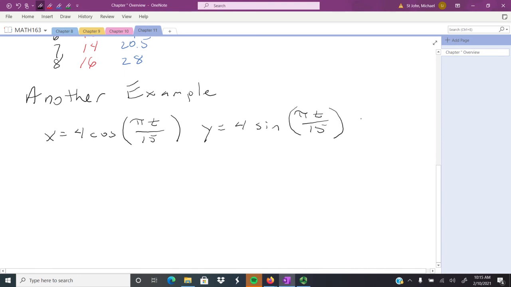And here, t in between 0 and 30. Okay? And this will give a circle.